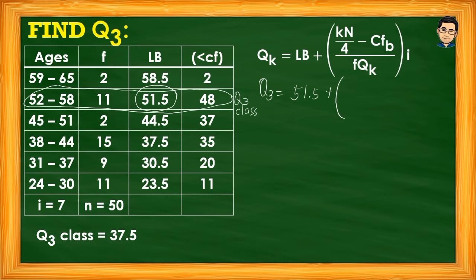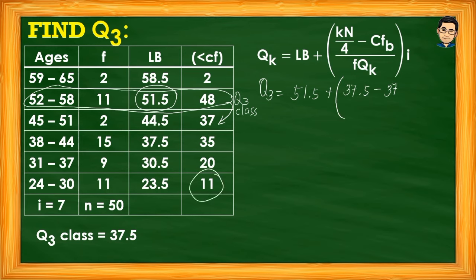So, Kn over 4 will have 37.5. And then, yung mas mababa sa 37.5 is yung 37. So, by the way, sa pagpili ng less than cumulative frequency, usually, kina-consider natin yung kasunod na class na mas mababa sa kanya. Hindi natin pwedeng kunan halimbawa ang 11.